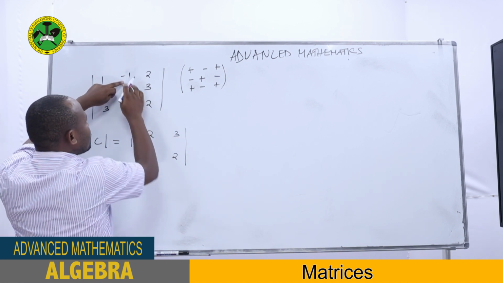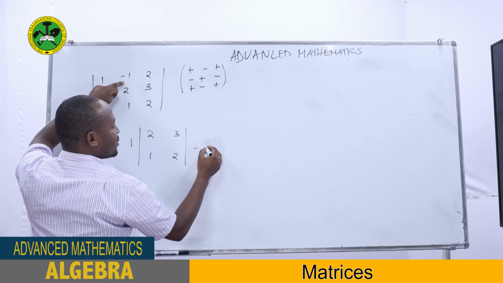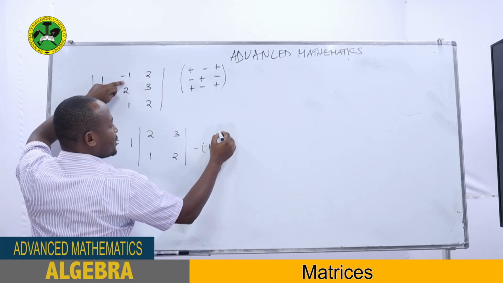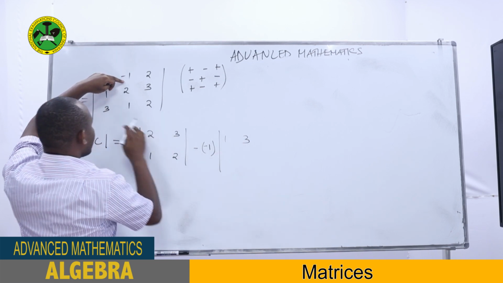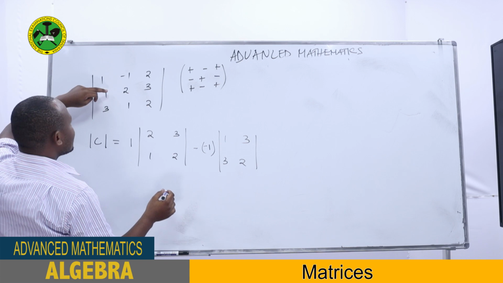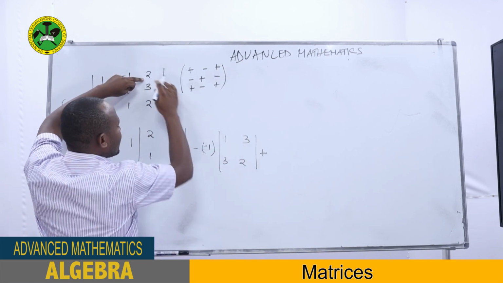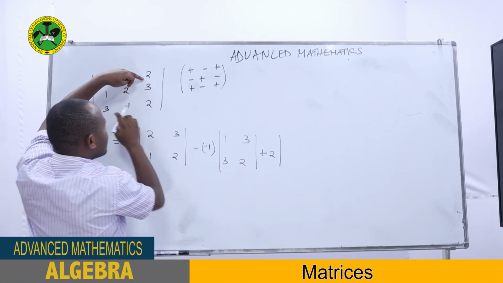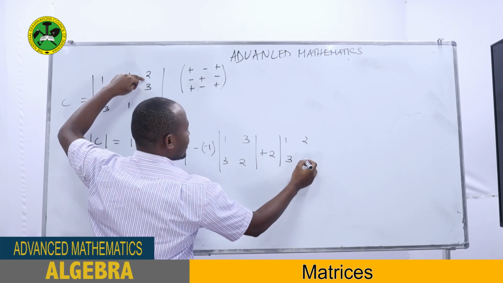Then we have a negative from the pattern, and another negative from the number at that point, and we are left with 1, 3, 3, 2. After that, from the pattern we have a positive, and there we have a 2, and we are left with 1, 2, 3, 1.